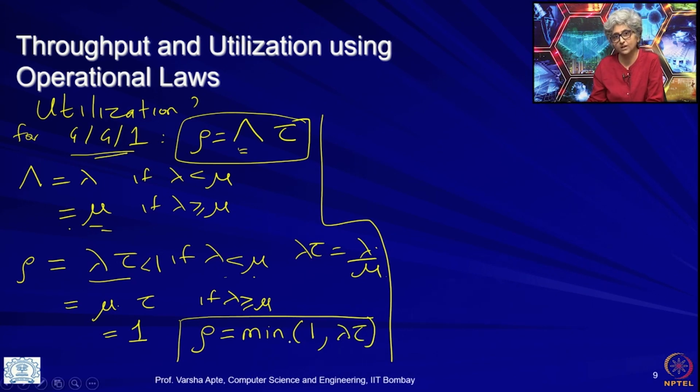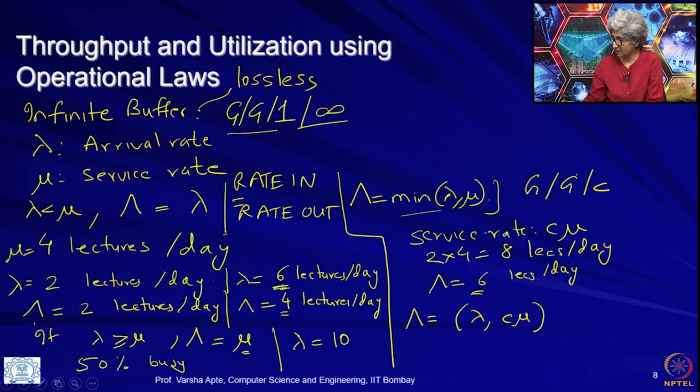If lambda tau is greater than or equal to 1, like here, if I try to use the formula, lambda tau will be equal to 6 multiplied by 1 by 4, and this will be greater than 1. Then you cannot say utilization is greater than 1. Remember, utilization is the fraction of time a server is busy. So, fraction means it can only be from 0 to 100%.